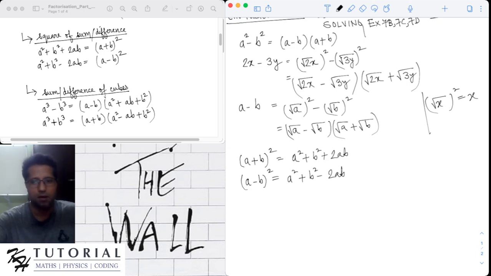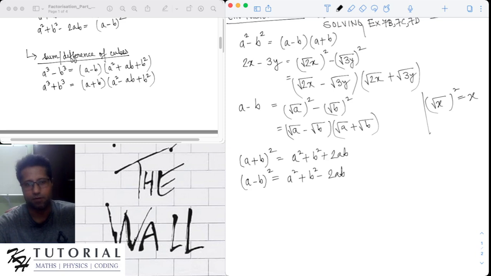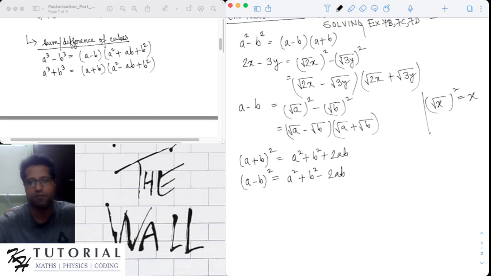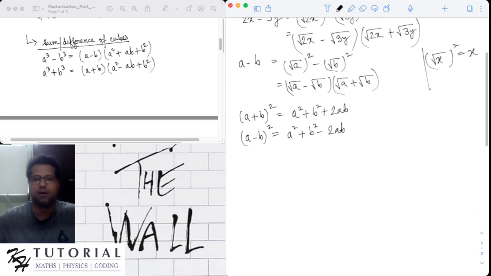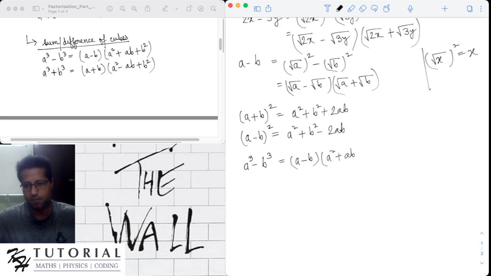Okay, the next is sum or difference of cubes. If you have any polynomial of the form a cube minus b cube, where a and b can be any terms, this we know can be factorized, which is basically an identity, as a minus b multiplied by a square plus ab plus b square.